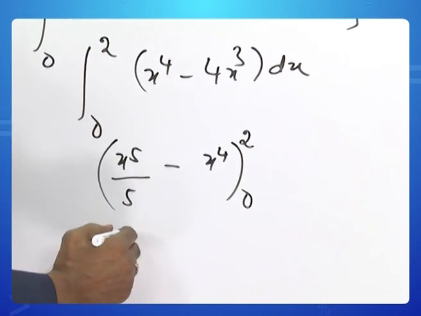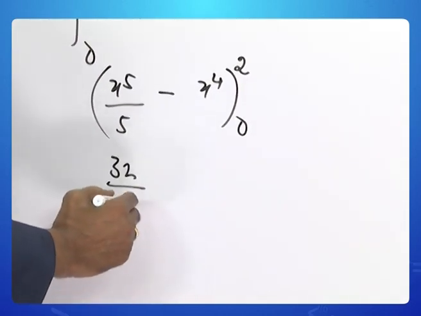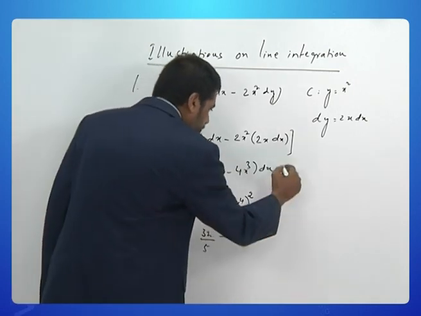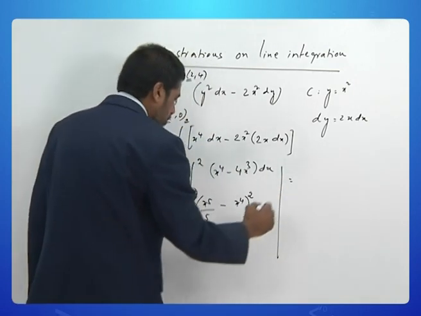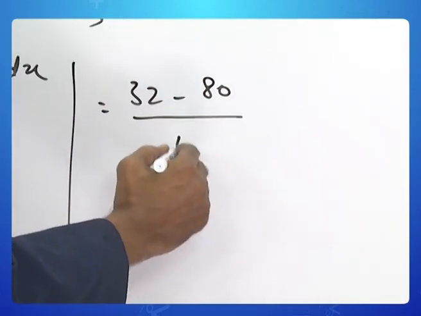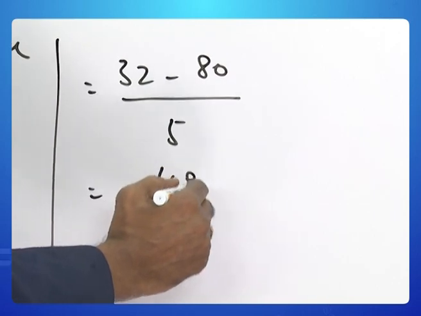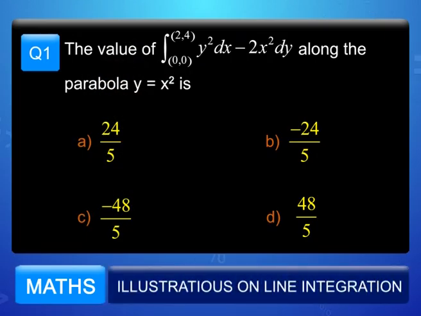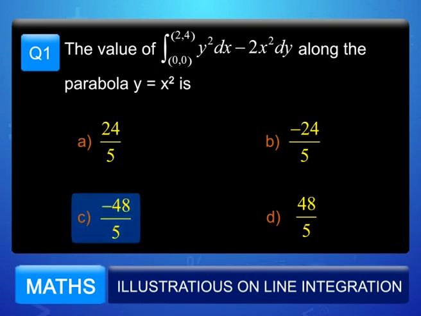So this will give us 32 by 5 minus 16, and this is 32 minus 80 divided by 5. So this will be minus 48 by 5. So you can see from the options that option C is the correct answer.